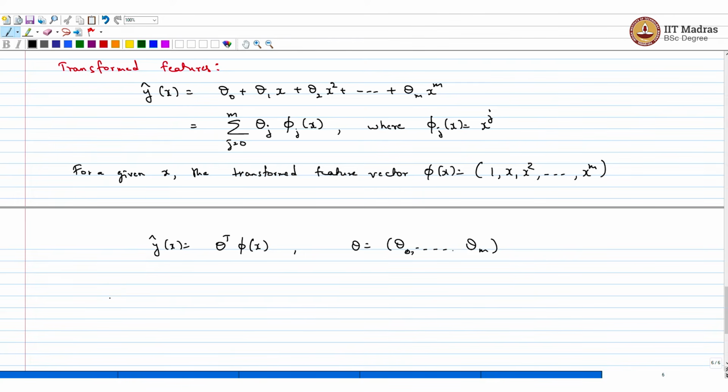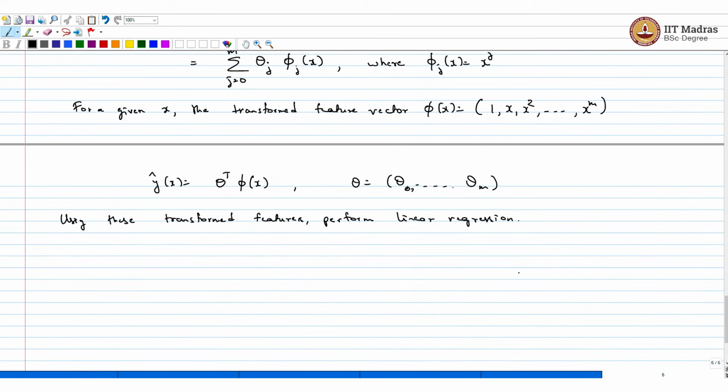And now using these transformed features, perform linear regression, and that's polynomial regression. That's polynomial regression for you.